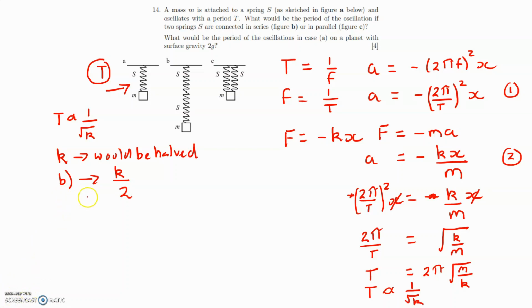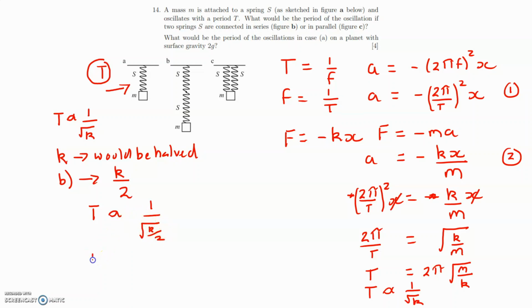So if in B our spring constant is K over 2, what difference would that make to the period? We're going to put our new spring constant into the equation. T is proportional to 1 over the square root of K over 2.